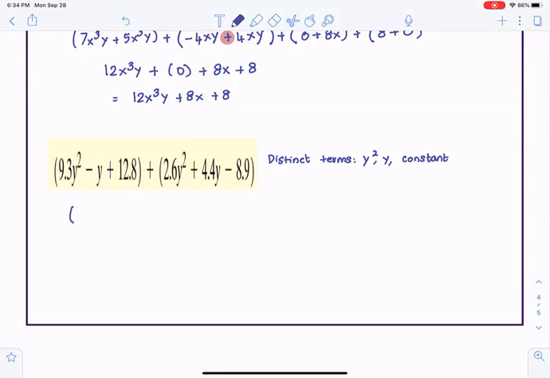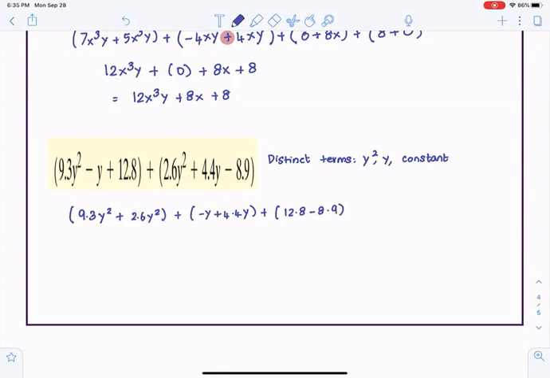So combine all the y squared terms, so 9.3y squared plus 2.6y squared. The y terms, I have minus y plus 4.4y. And the constant terms, 12.8 minus 8.9.